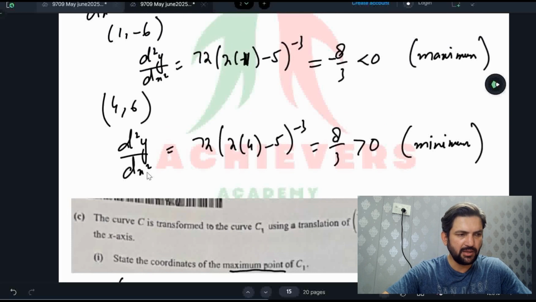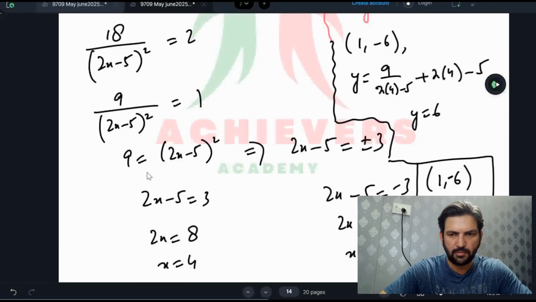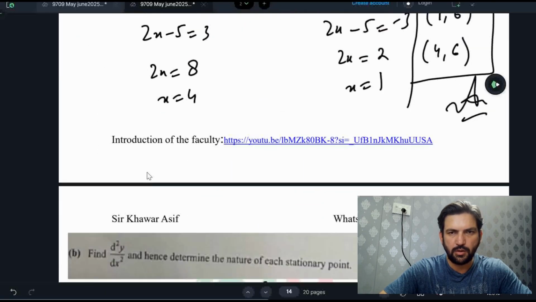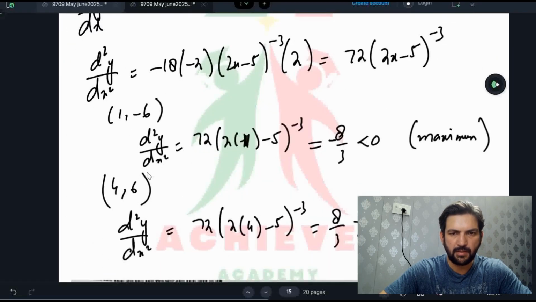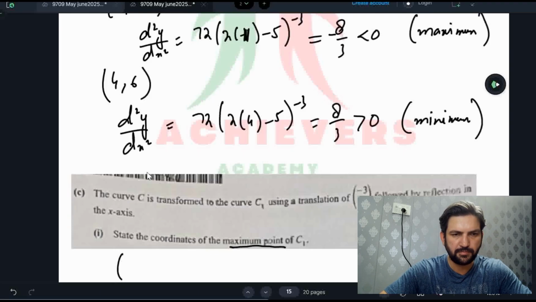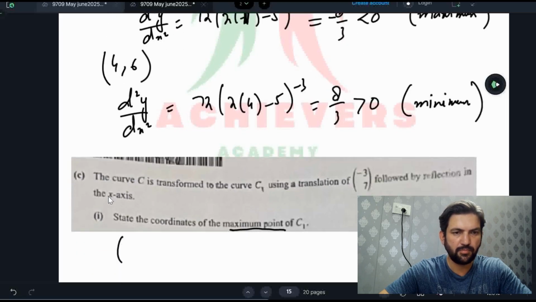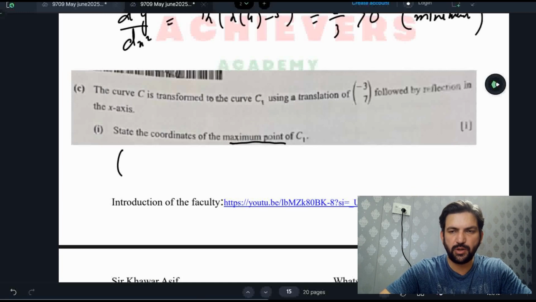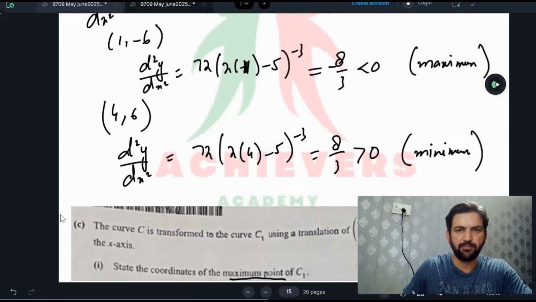So we can see that the maximum point was 1 and minus 6.